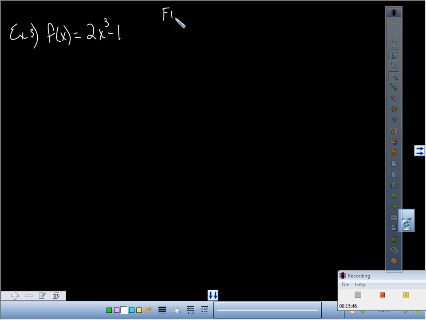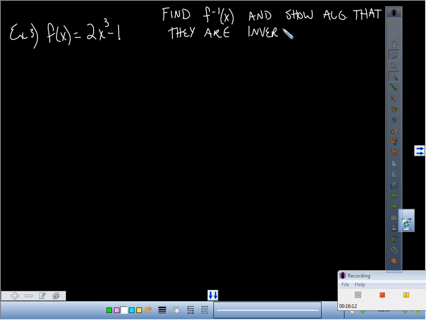I want you to find this, and show algebraically that they are inverses. Okay, so I'll give you a couple minutes. You do that.